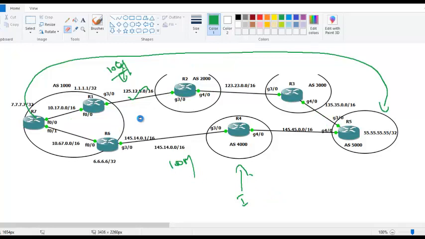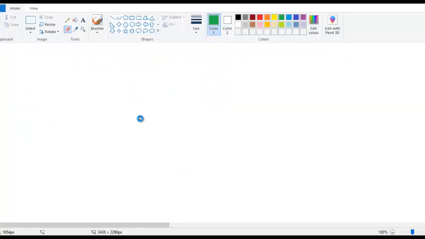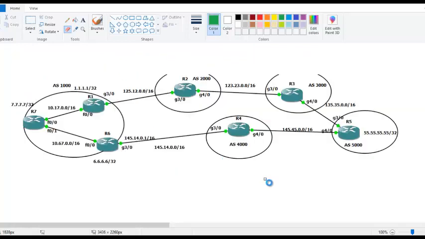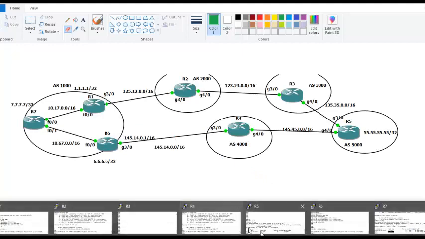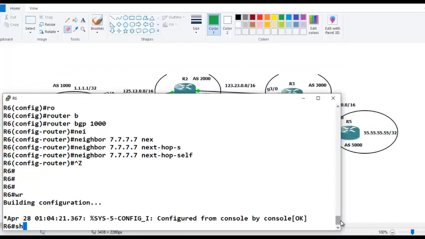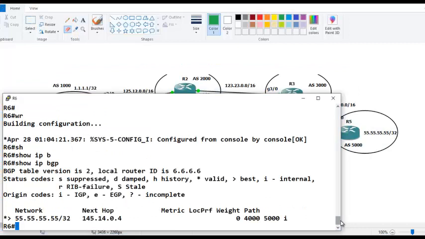R6 does not know. I'll show you. R6 will not know about another path. Look at this. Show IBGP. R6 has got only one path. That path is via router 4. You know why?